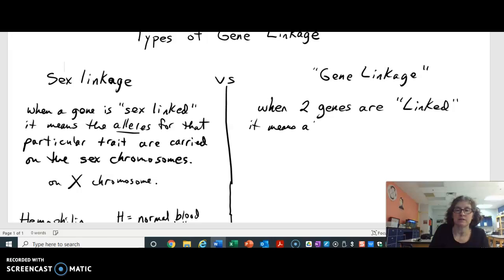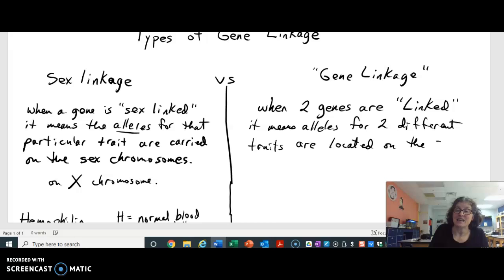It means alleles for two different traits are located on the same autosome.